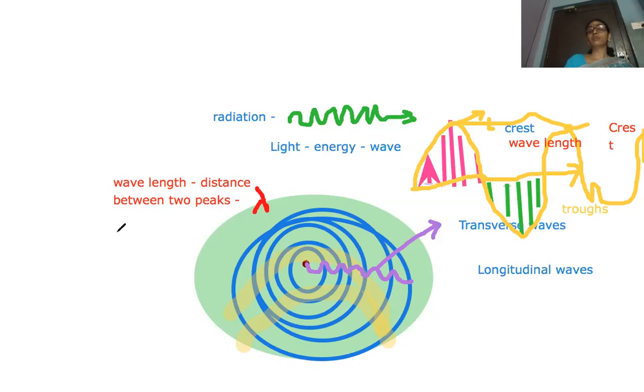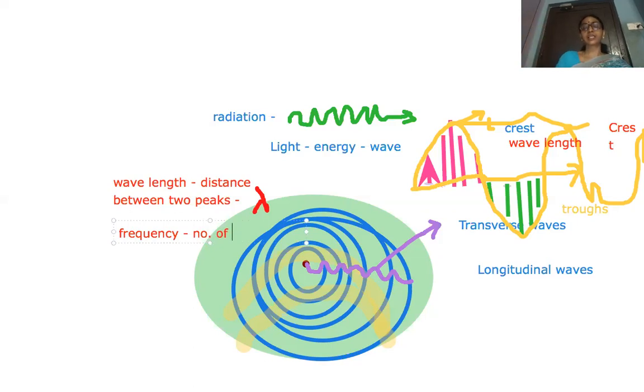Then we have one more term called frequency. So what is frequency? Frequency means the number of vibrations or number of wave peaks. Here we are counting it in terms of peaks.